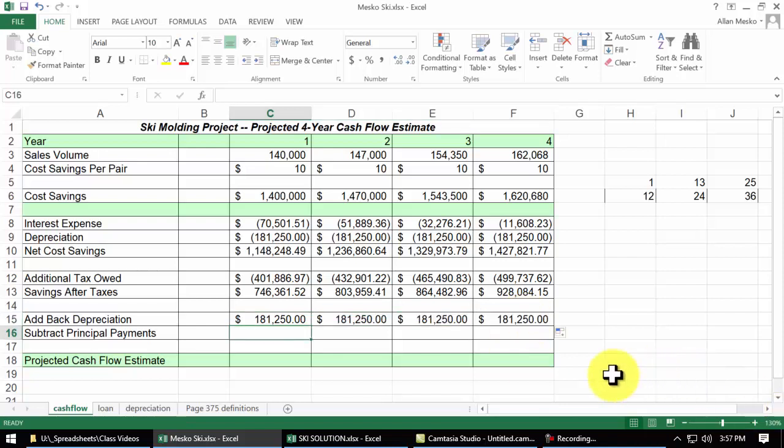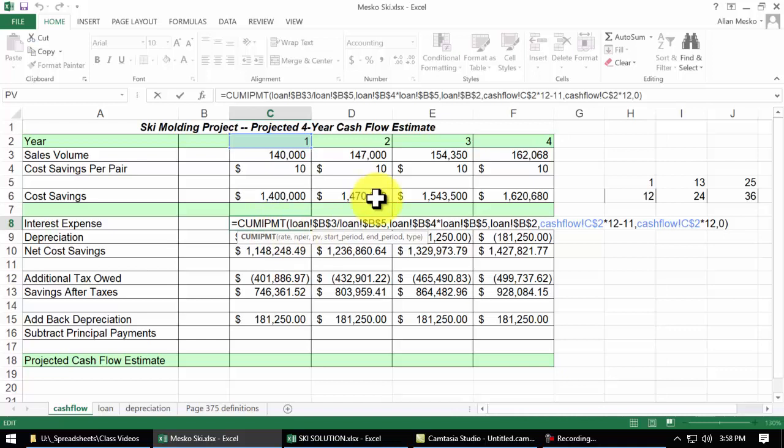We're also supposed to add in the cumulative principal payments for the corresponding year. We already did a cumulative interest payment, didn't we? And this is referring to these absolute cells, and it's referring to the year number in row 2, but with the column relative so we can copy it over.